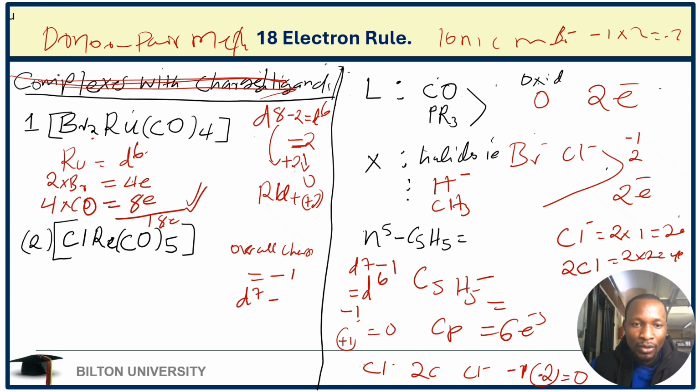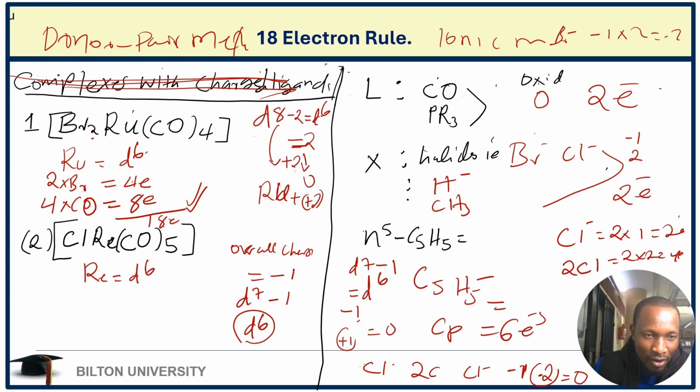From D7, we are going to subtract 1 electron so that it can balance this -1. Then we're going to remain with D6. Okay, so this is what is going to be contributed by the metal. So our rhenium is going to be D6.